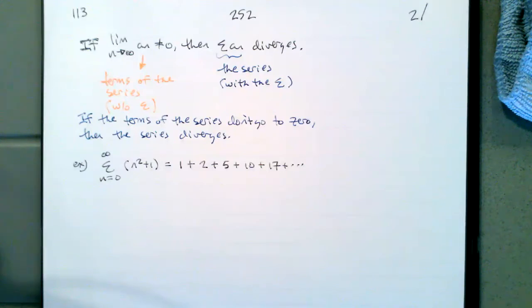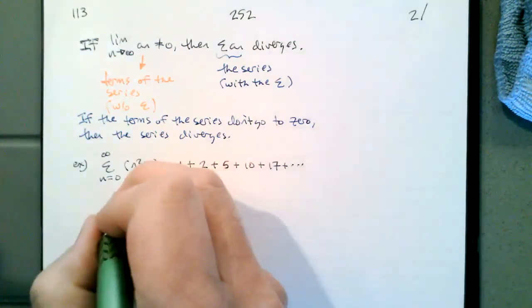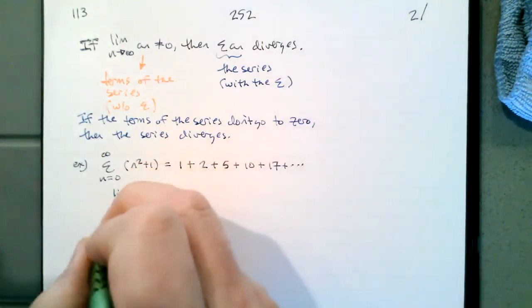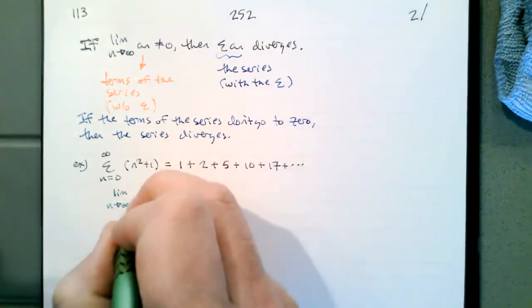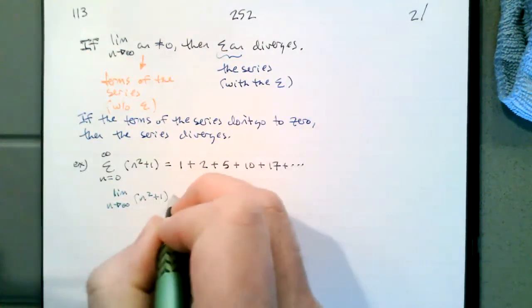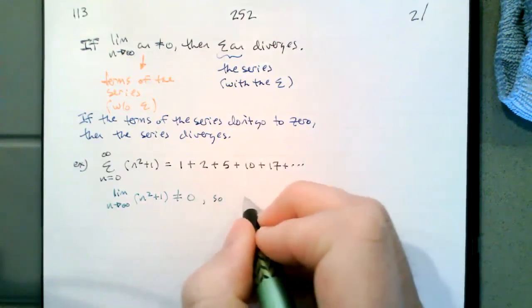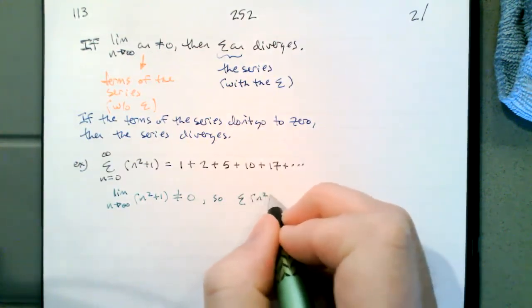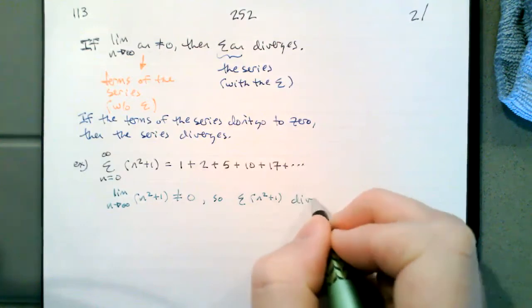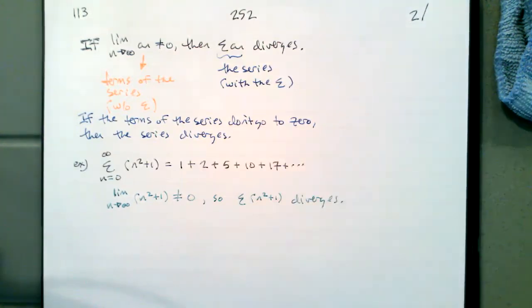Therefore, the series diverges. The limit as n goes to infinity of n squared plus 1 is not 0. So the series n squared plus 1 diverges. Note that the limit as n goes to infinity of n squared plus 1 does not exist.